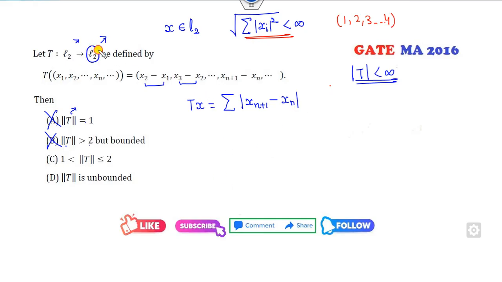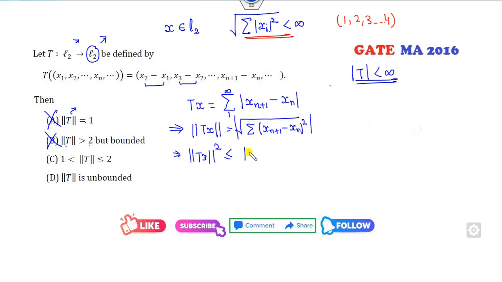Now if I define this on the L2, if I start from 1 to infinity, then what is my norm in this case? On the L2, it is under root of summation of xn plus 1 minus xn square. Fine, by the definition of this, I can write this number's square, I can cancel it, and this value is less than norm of xn plus 1 square plus norm of xn square.